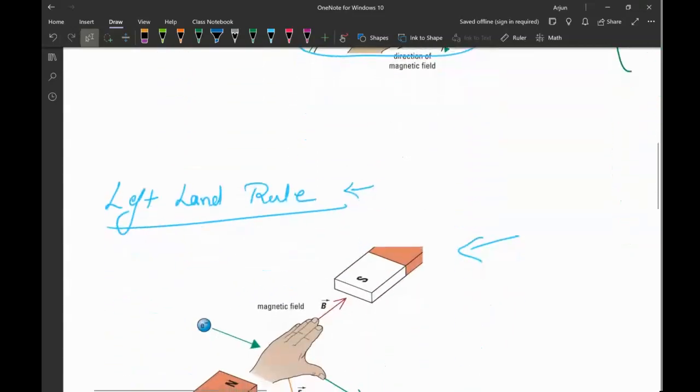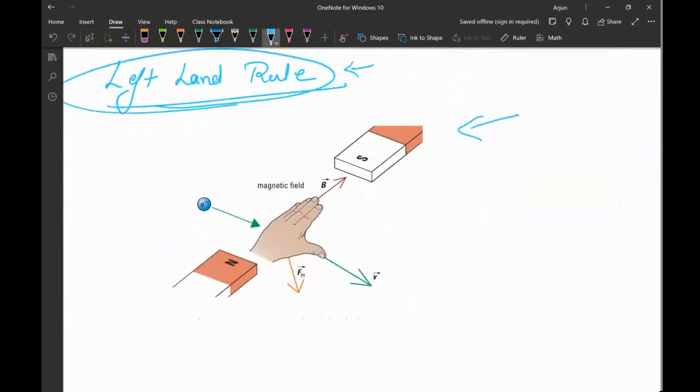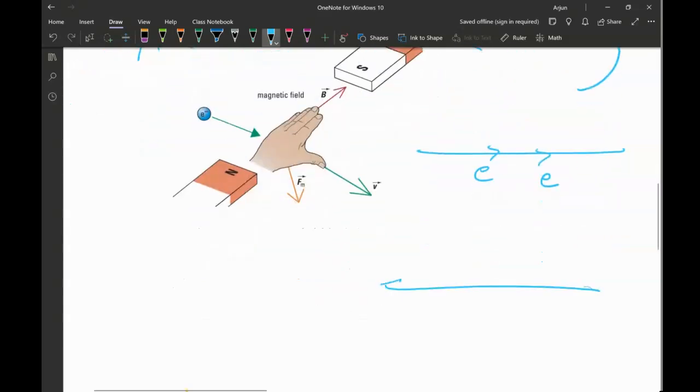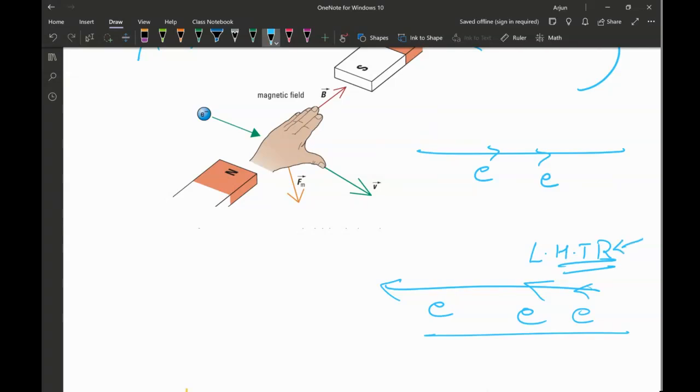All right. Now, how is the left hand rule going to work? If you place a moving electron in an external magnetic field, then we will use the left hand rule. Previously, electrons were flowing, and with the help of the left hand thumb rule, we found the direction of the magnetic field produced by the flow of electrons.